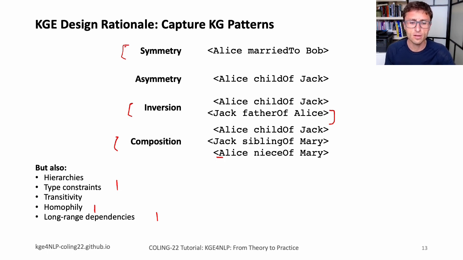Sometimes there are effects of multi-hop triples between nodes in a knowledge graph. So all this must be taken into account when designing machine learning methods.